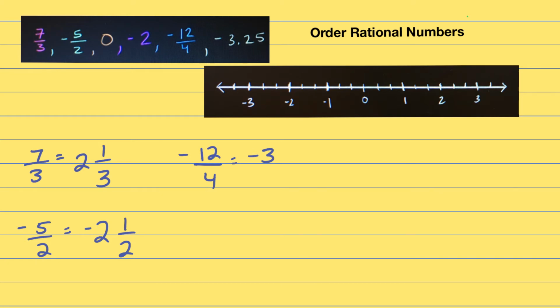Maybe we'll use this green color. Let's put 0 on. 0 goes for 0, right? Maybe I'll write that above there. Okay, obviously that's 0. The next number that's easy to place is negative 2. Let's put negative 2. So we've got this one done, this one done.